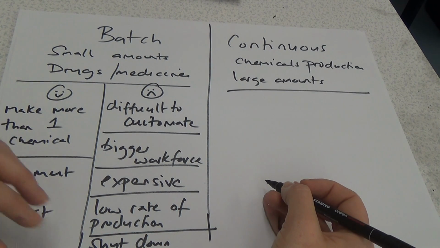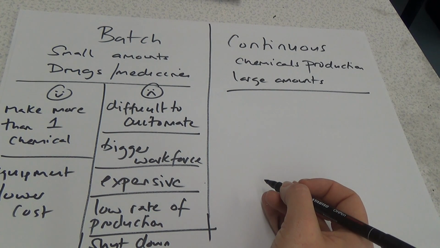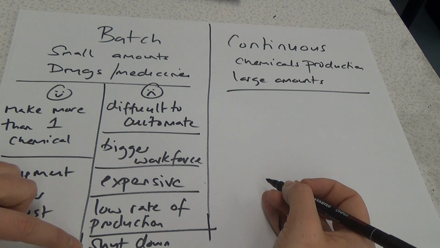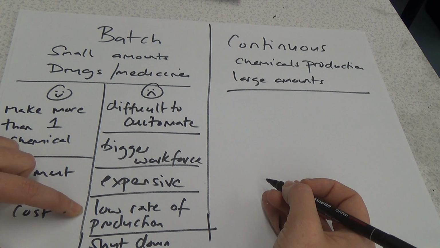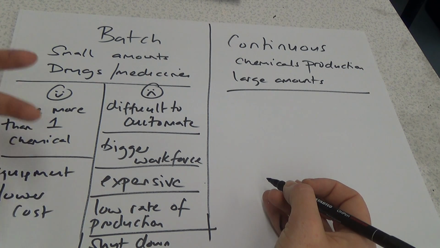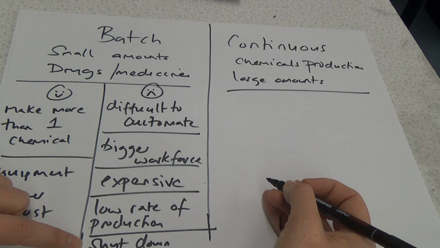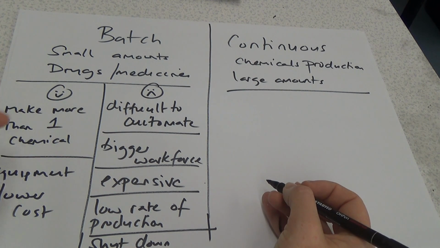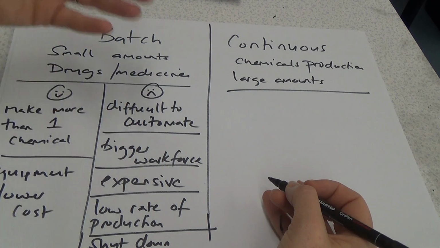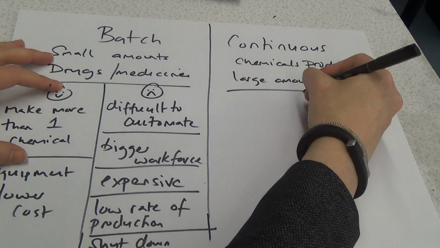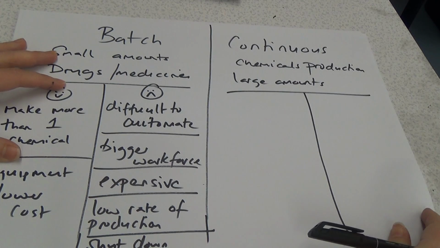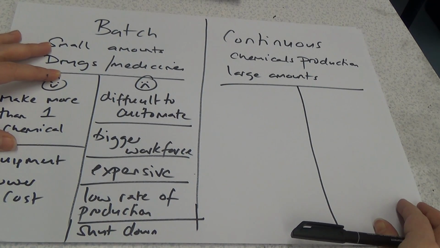Shutdown time is a negative for industry because you are still employing people, but you're not producing the chemicals you're trying to produce, like your pharmaceutical drugs, your medicines. That happens quite often, especially if you're making more than one chemical. So there are definite advantages and disadvantages to using a batch process, and that goes exactly the same for a continuous process where you are producing much larger amounts of your chemicals.